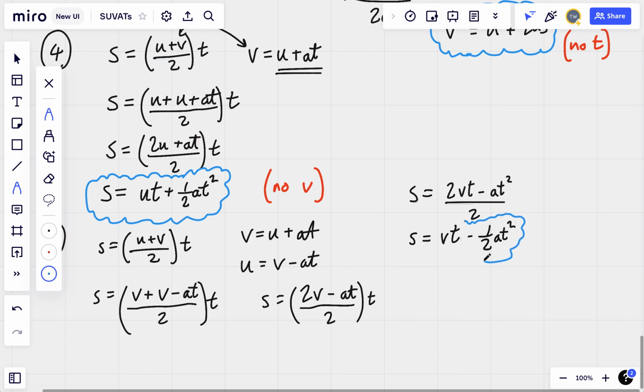Okay, again this one gets its own little cloud, and we notice that this one has no, sorry, that should say u. I went for a u and it with a v. There you go. Okay, those are our 5 SUVATs.